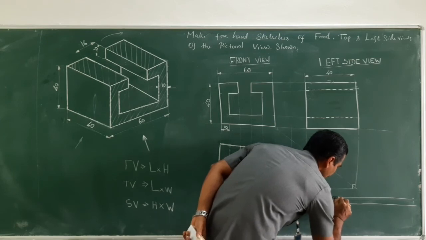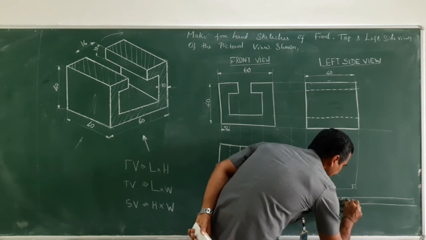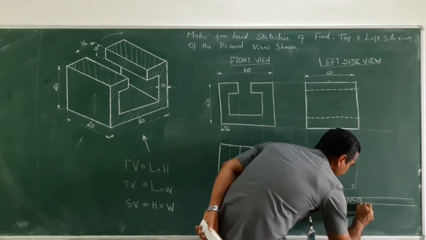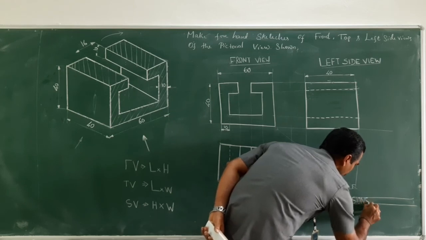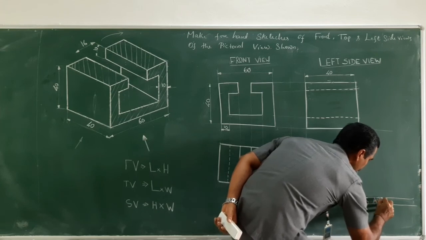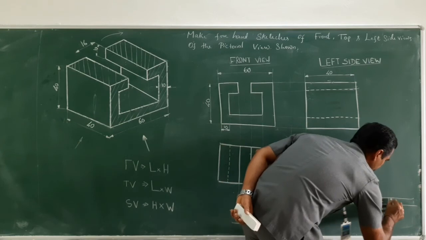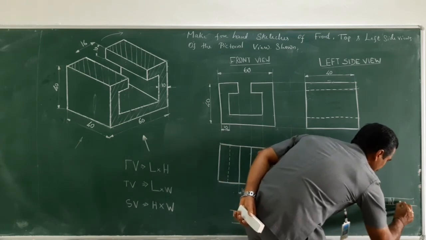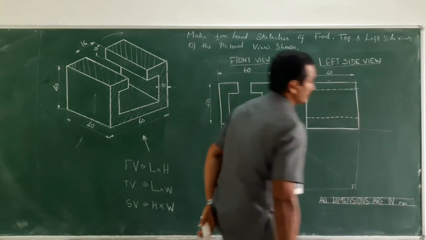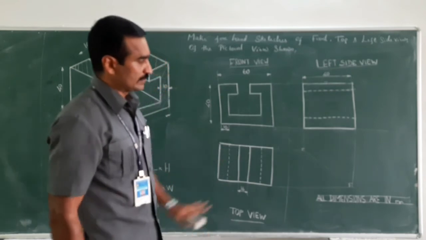So I need to specify here all dimensions, whatever dimensions are mentioned or marked on the drawing represent mm. All dimensions are in mm. Remember, between two words you should leave a gap of 3 mm. Here mm is the unit of dimensioning, so it should be written in lower case, that is small letter. So all dimensions in mm.